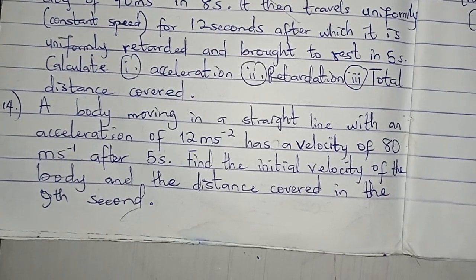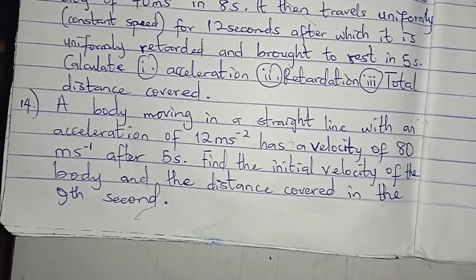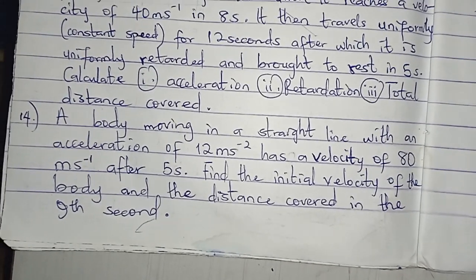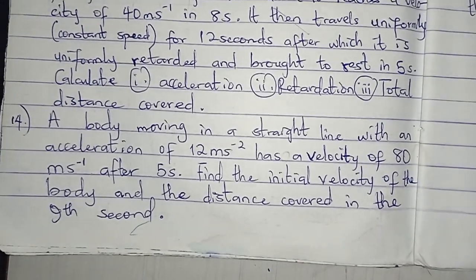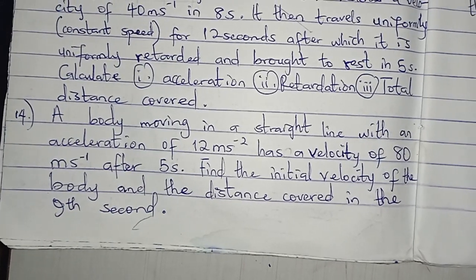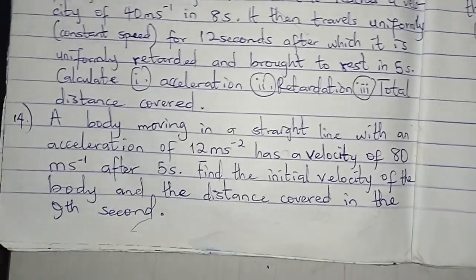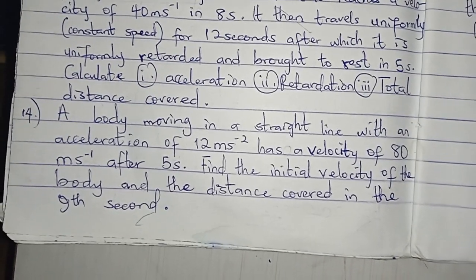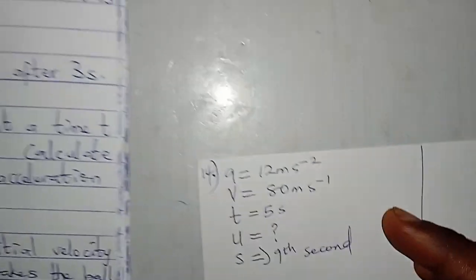Find the initial velocity, which is u, of the body, and the distance covered, that is, displacement. I told you they are the same thing. After the 9th second. Okay, this is everything we are given.